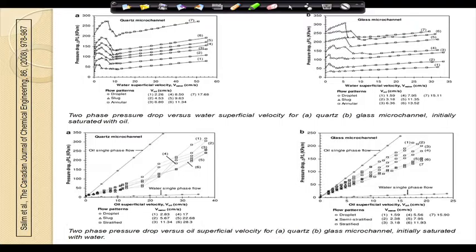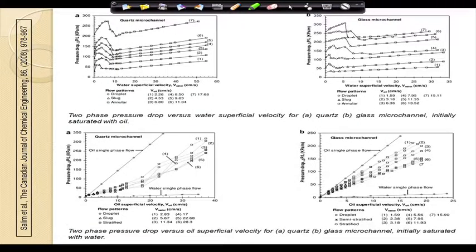Therefore, this more or less gives you an idea regarding the trend of gas-liquid and liquid-liquid pressure drop variation with fluid properties and pipe diameters in oil-water and air-water cases.